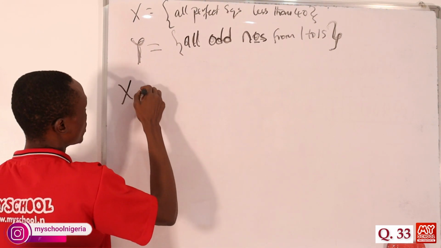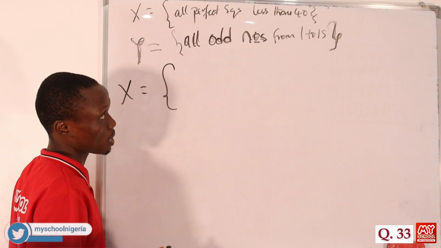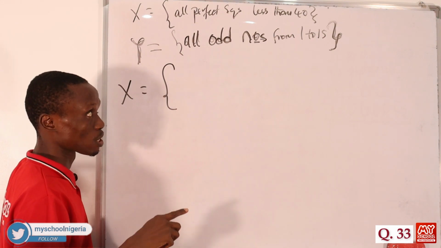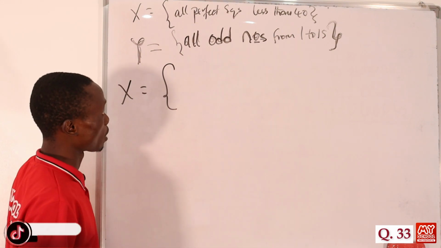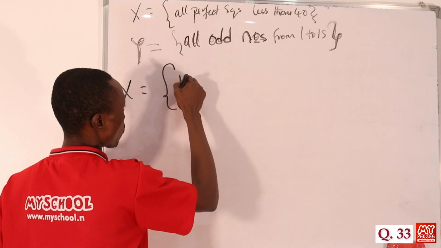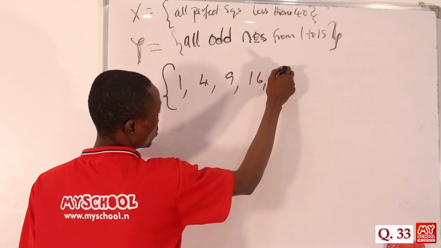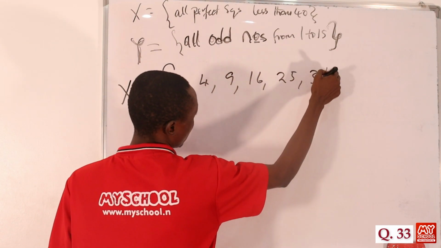For S, remember that perfect squares are numbers that when we take their square root, the result is always a whole number. So all the perfect squares that are less than 40 will be 1, 4, 9, 16, 25, and 36.